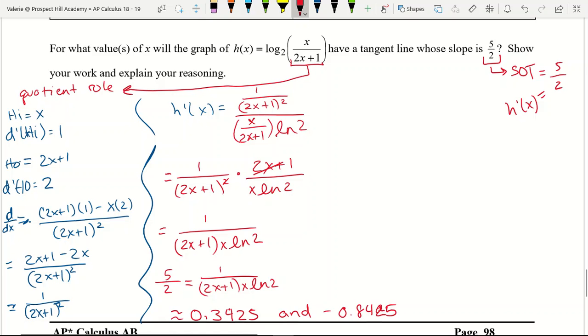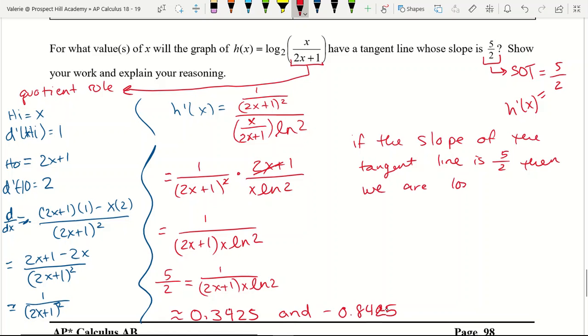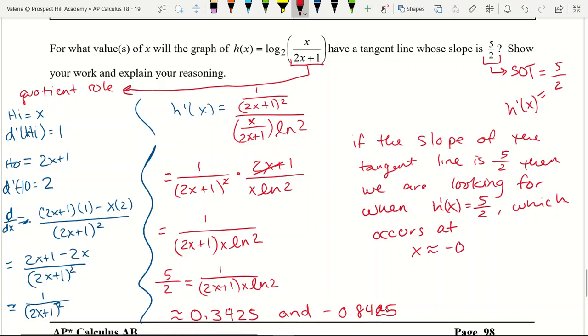And when it comes to explanation, if the slope of the tangent line is 5 over 2, and we are looking for when h prime of x equals 5 over 2, which occurs at x approximately equaling negative 0.8425 and x approximately equaling 0.3425. That is the end of the video.